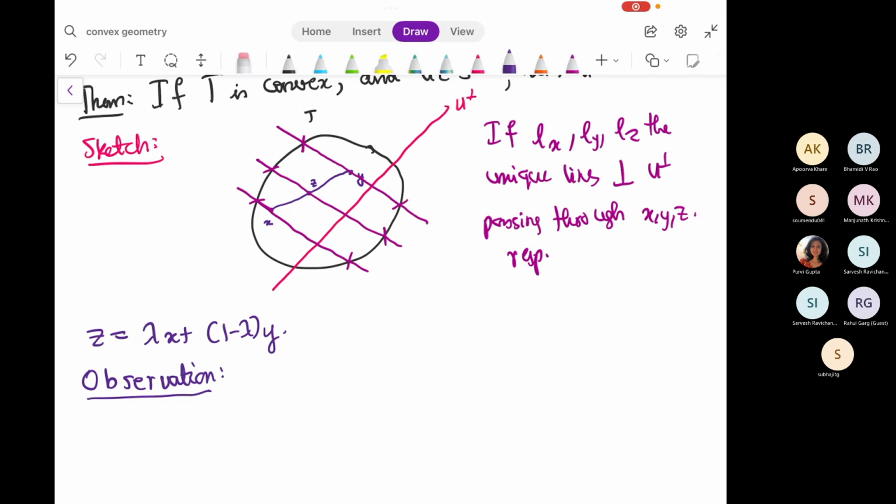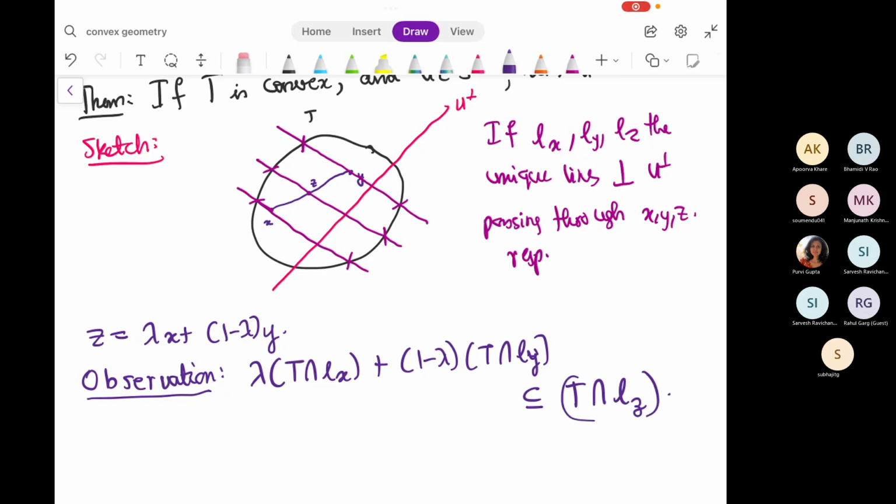So the observation to make here is that if you look at this particular set, lambda times T intersection Lx plus 1 minus lambda T intersection Ly, this particular sum that I have written here will actually be contained in T intersection Lz.